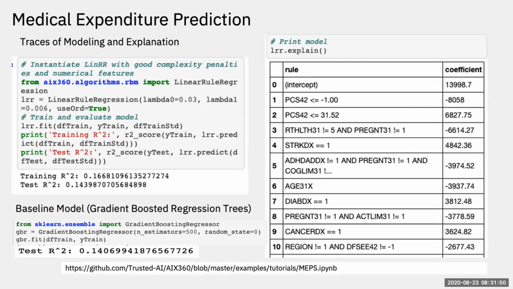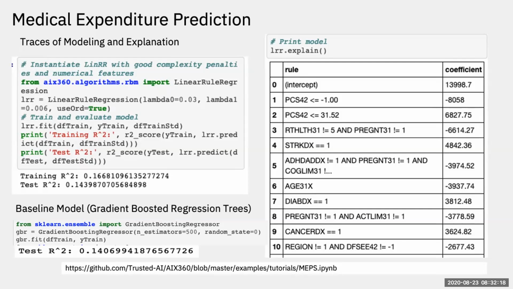Some rules can be simplistic like the age rule, or some rules can be more complex such as rule 6, which has conjunctions over 3 or more predicates. These rules in itself can be largely useful to the end user. For example, rule 4 looks at the health status and the pregnancy status of patients, whereas rule 9 looks at the cancer.